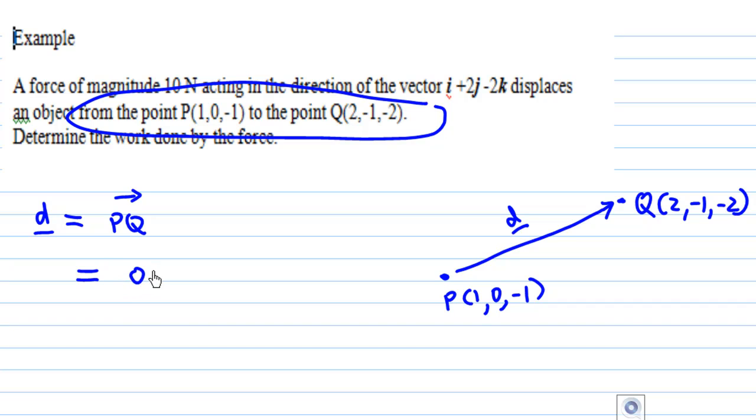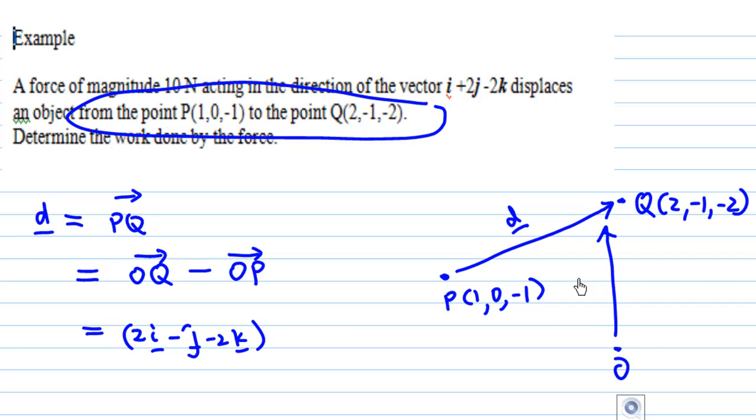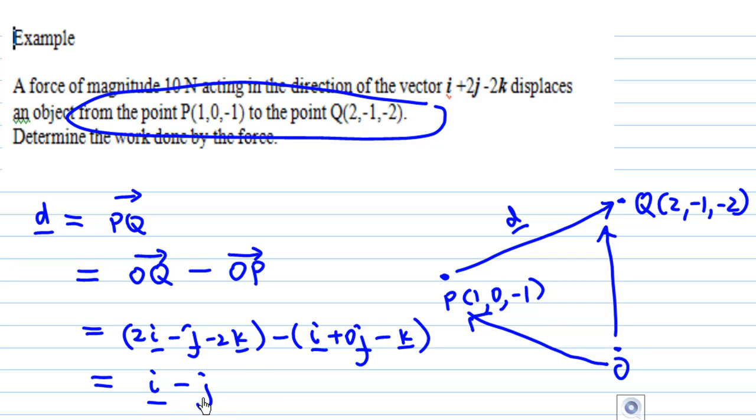How to find the vector PQ? This is the location of the endpoint Q minus the location of the beginning point P. So OQ is the vector 2i minus j minus 2k, where O is the origin, and OP is the vector i plus 0j minus k, since (1, 0, -1) is the point P. So when you take the difference, you get 2i minus i, you get i; minus j minus 0j, you get minus j; minus 2k minus minus k, you get minus k.